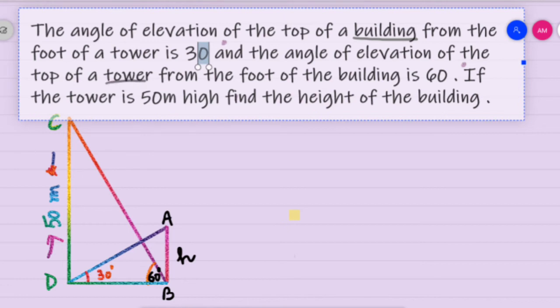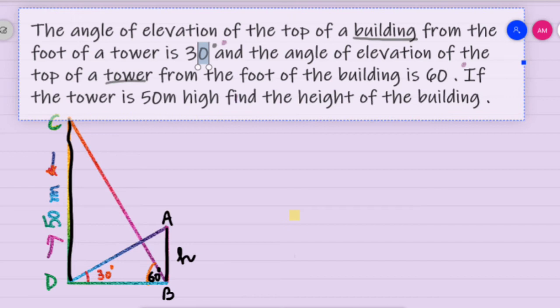See, the angle of elevation of the top of the building from the foot of the tower. See, from the foot of the tower to the top of the building, it is 30 degree angle. See, suppose CD is your tower and AB is your building.